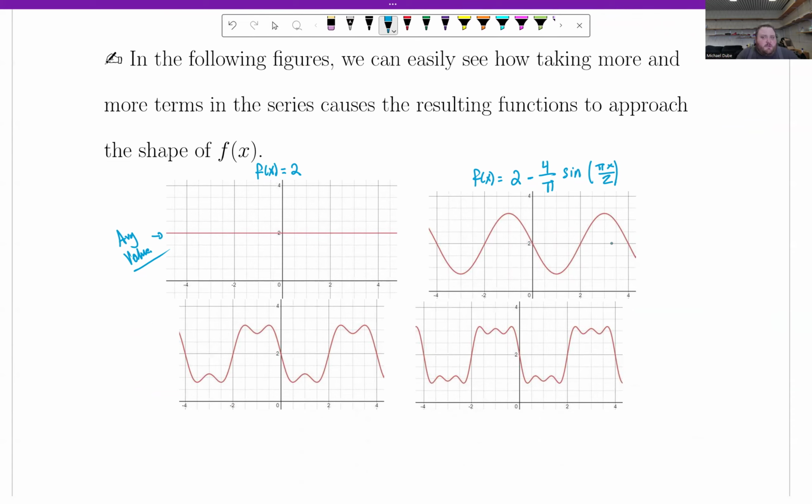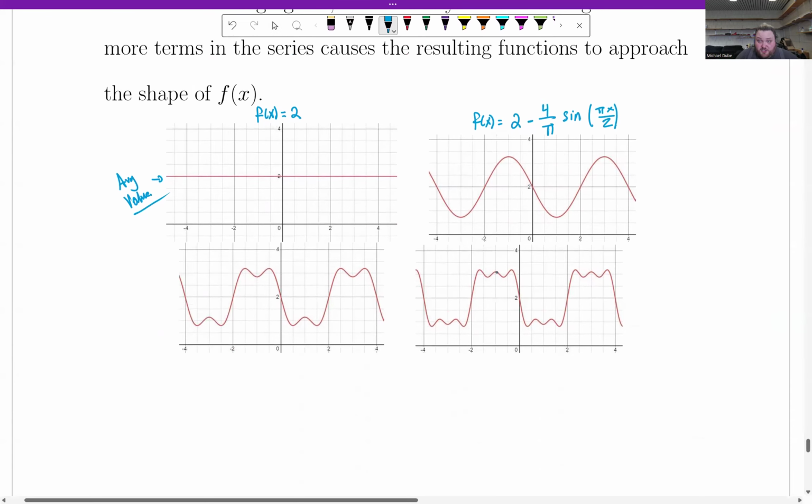So it's starting to approach that. And the period here is 2 pi, or no, it's just pi. No, it's just 2. It's 4. Oh my gosh. Let's just find it: 2 pi over k, which is pi over 2, which is 4. Yeah, good. Our period here is 4.